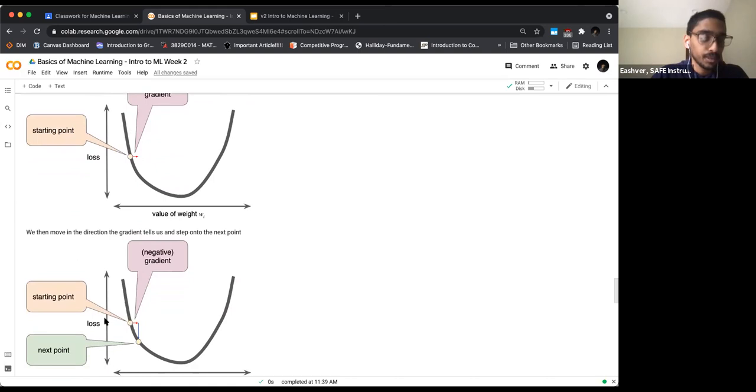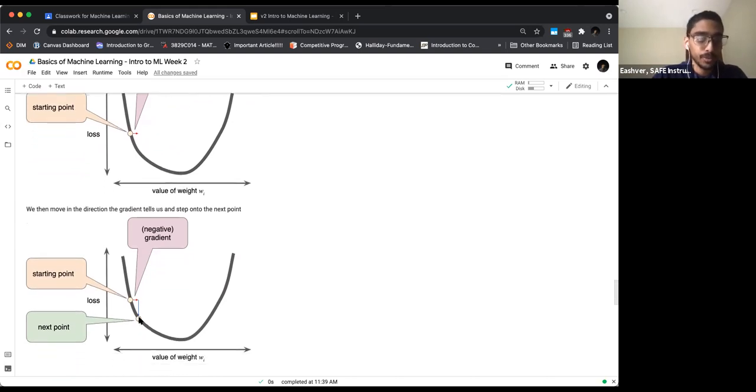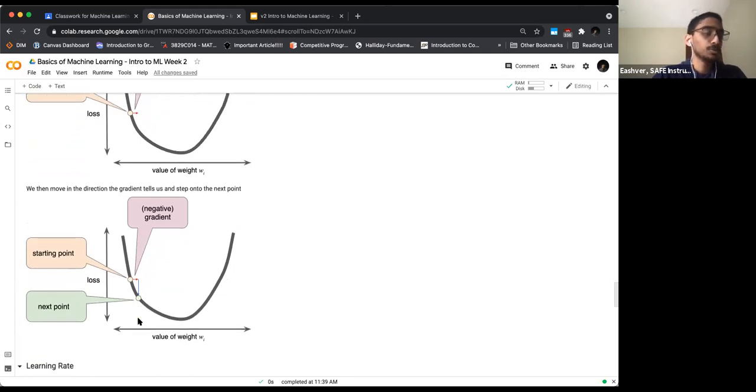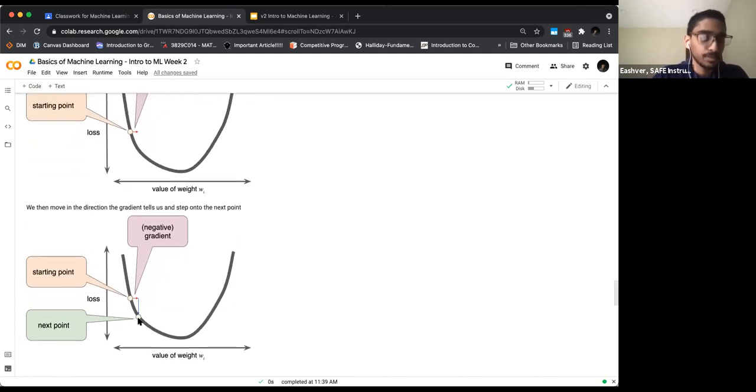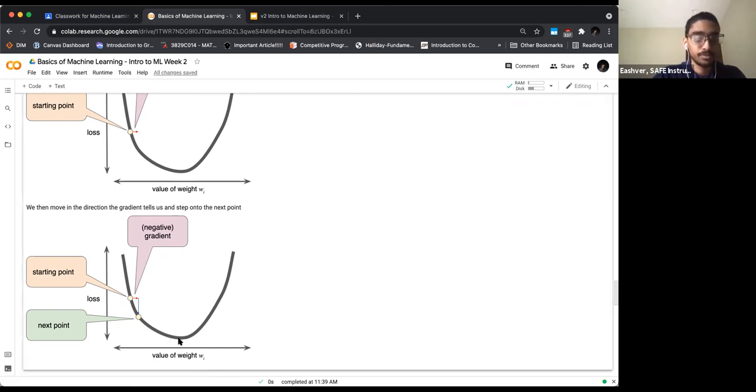We use that gradient and step down the curve. We have the next point, and then we do the exact same thing. We keep on stepping down the curve until you reach the middle. And that's what gradient descent is.